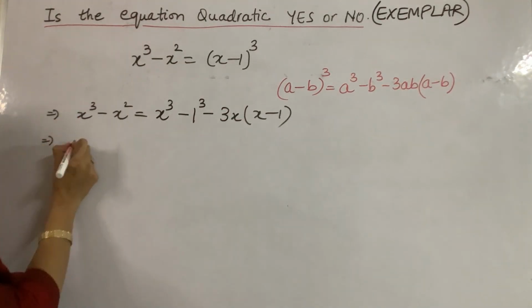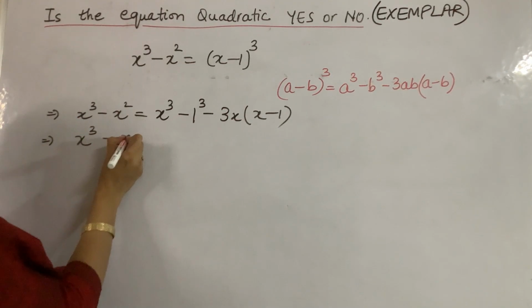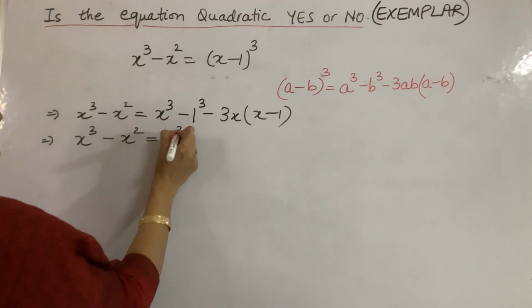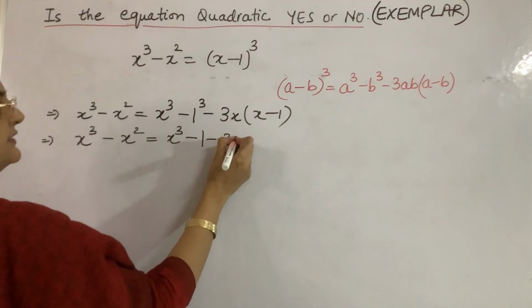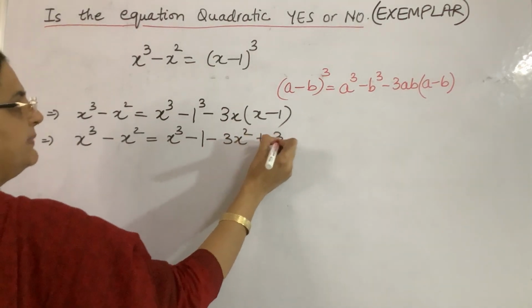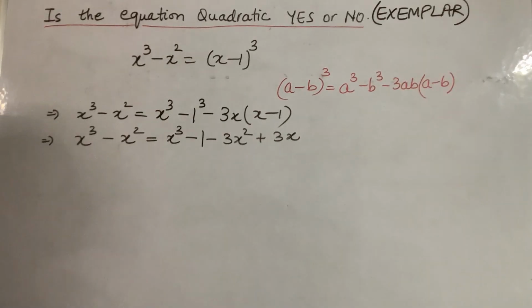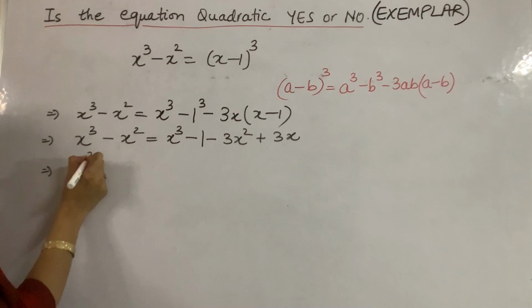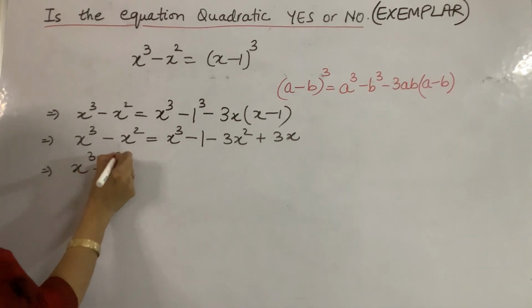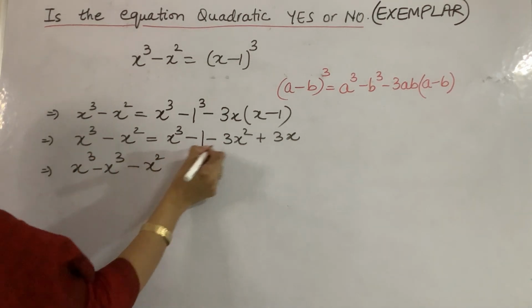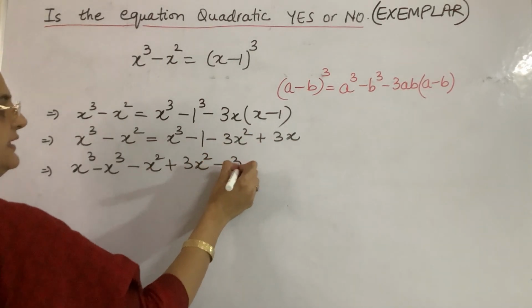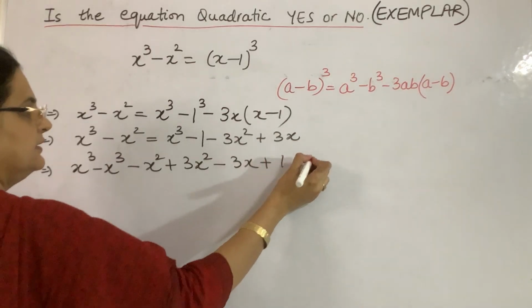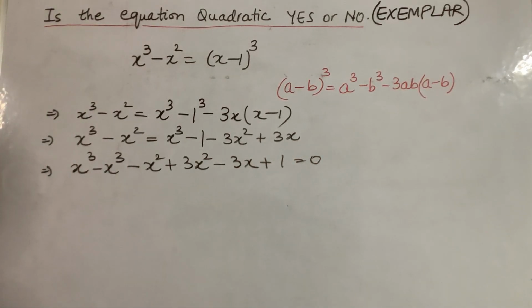Open it. So this becomes x cube minus x square is equal to x cube minus 1 cube is 1. Open this. So minus 3x square plus 3x. Next thing, transpose all to the left hand side. So this becomes x cube minus x cube minus x square plus 3x square minus 3x plus 1 is equal to 0.